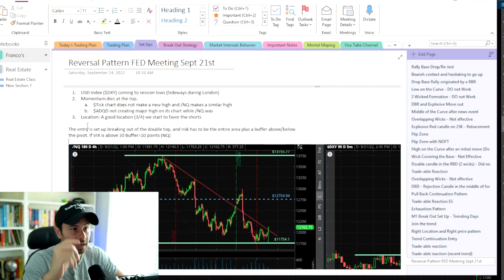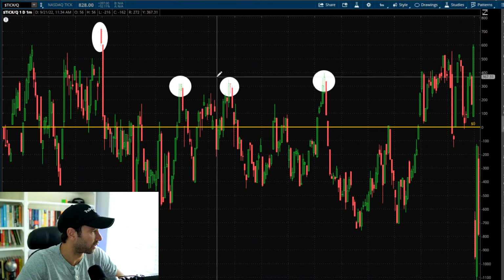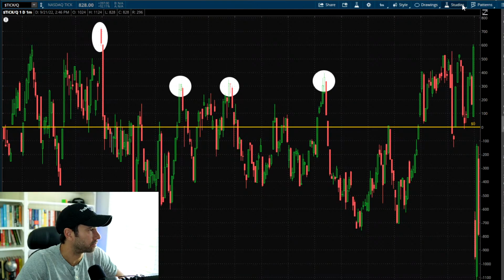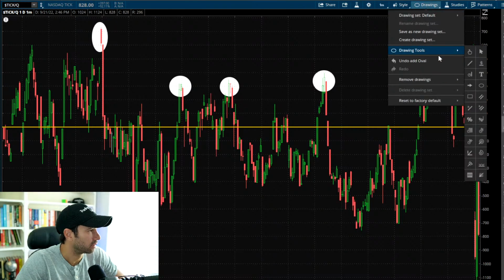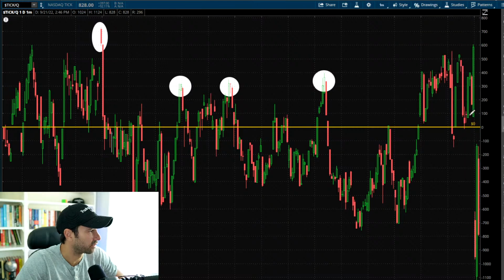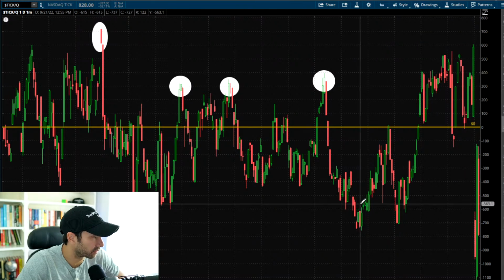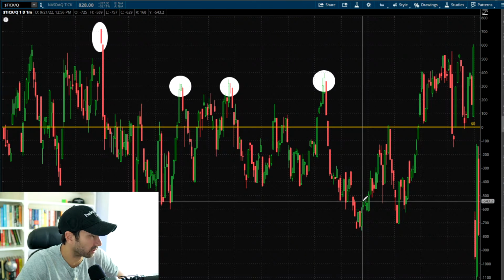That's why I do have, for instance, a zone. This is a tick chart, but just for purposes of this explanation, right?